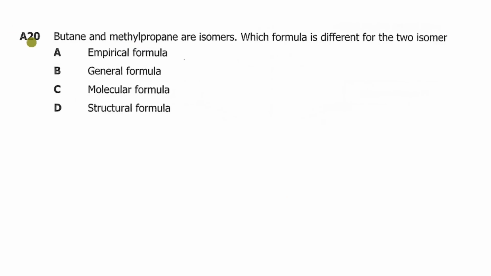So we go to this question again. Butane and methylpropane are isomers. Which formula is different for the two isomers? So for isomers, we said they have the same what?